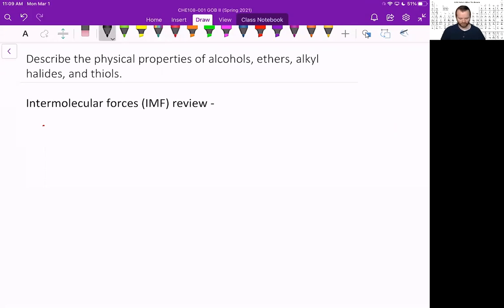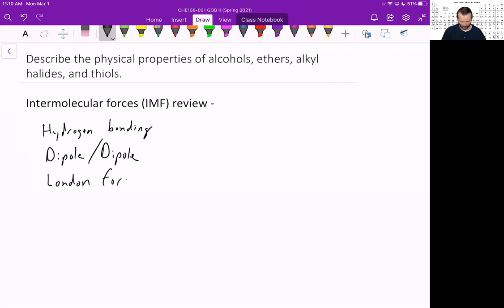It's been mentioned quite a bit in this chemistry sequence, but you have hydrogen bonding, that's the strongest intermolecular force experienced by covalent compounds. And you have dipole-dipole, and then you have London or dispersion forces. I'm just going to say London forces.